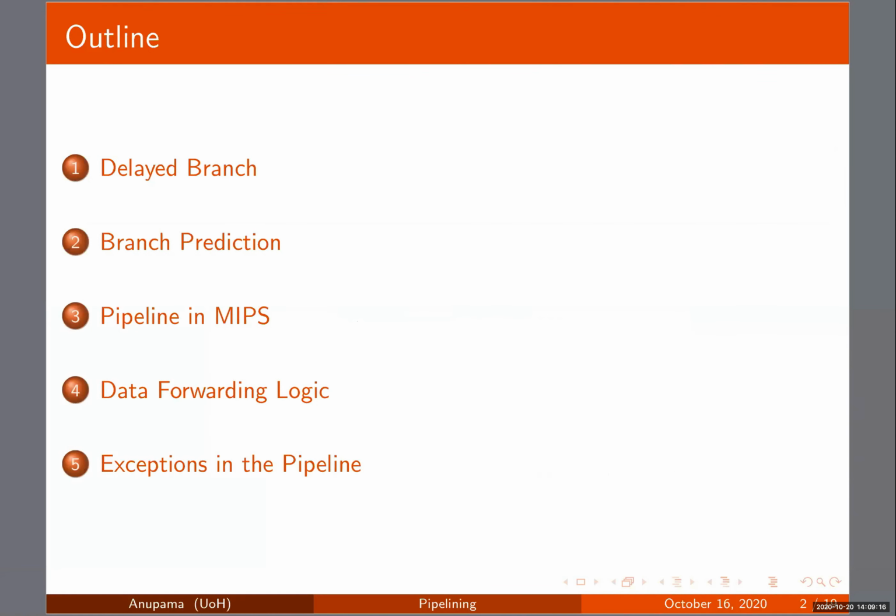So this is like starting in the middle of pipelining, because the assumption is that you have understood what pipelining is, how pipelining is done, what are structural hazards, what are data hazards, what are control hazards.